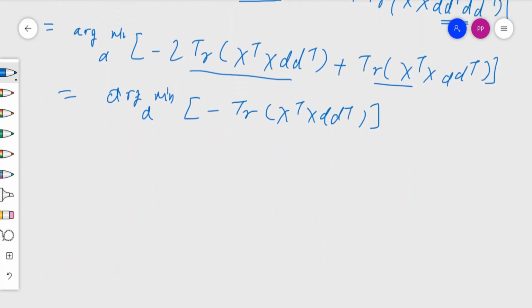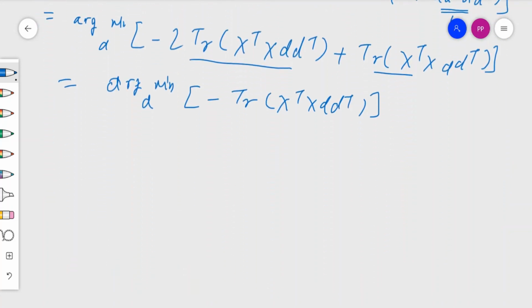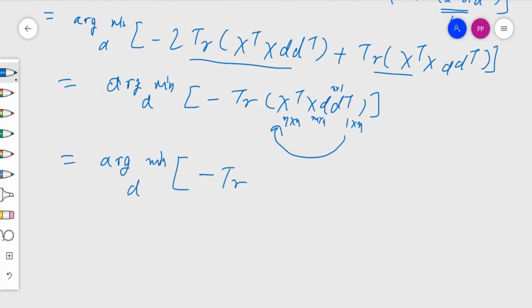So with this we can again say that X is m by n, X transpose is n by m, then D is n by 1 and D transpose is 1 by n. So we can have the cyclic movement over here, so we can write accordingly argument of minimizing minus trace of D transpose X transpose X D.